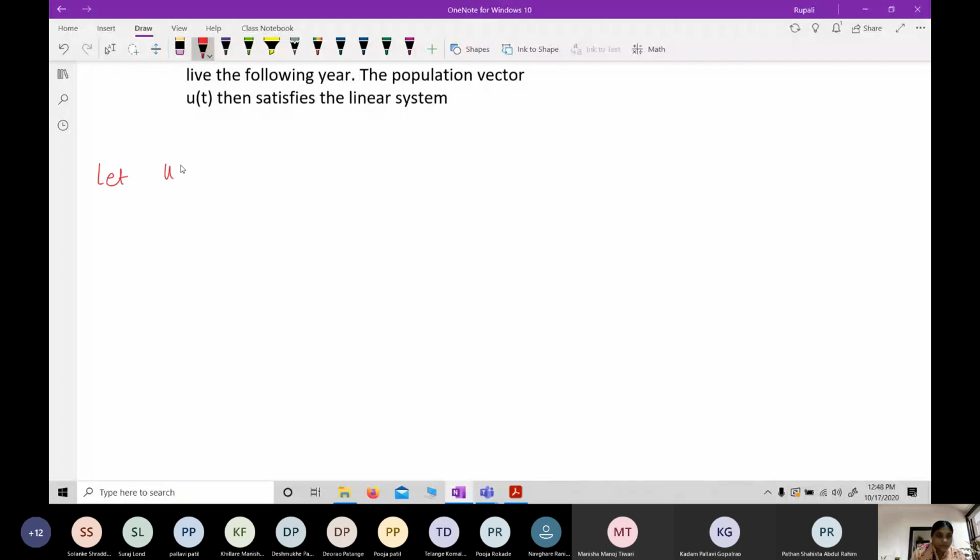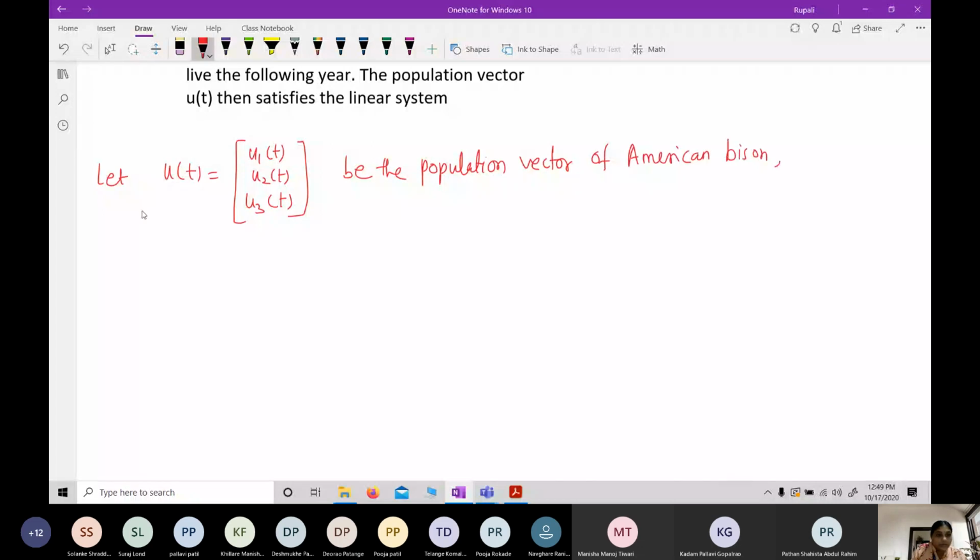Let u_t is equal to u1t, u2t, u3t be the population vector of American bison, where u1t, u2t, u3t denote the number of calves, yearlings and adults.